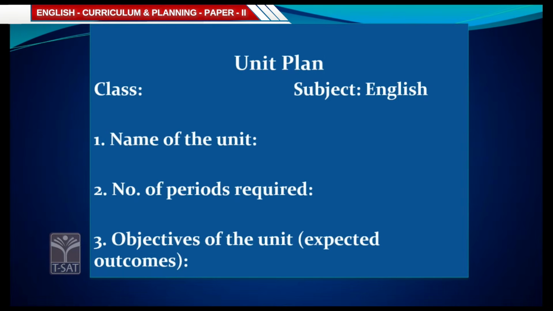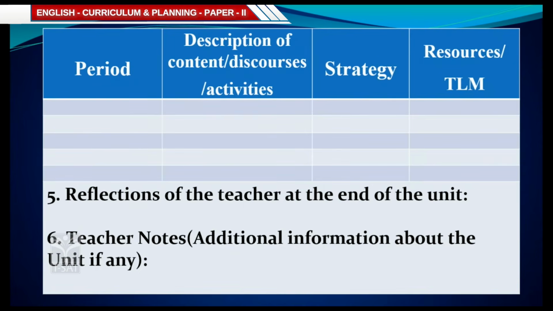And here the unit plan, you can say class and subject, here English, and name of the unit and number of periods required and what are the objectives of the unit or expected outcomes. And here period 1, 2, 3, 4, 5, etc. at every level, description of the content.